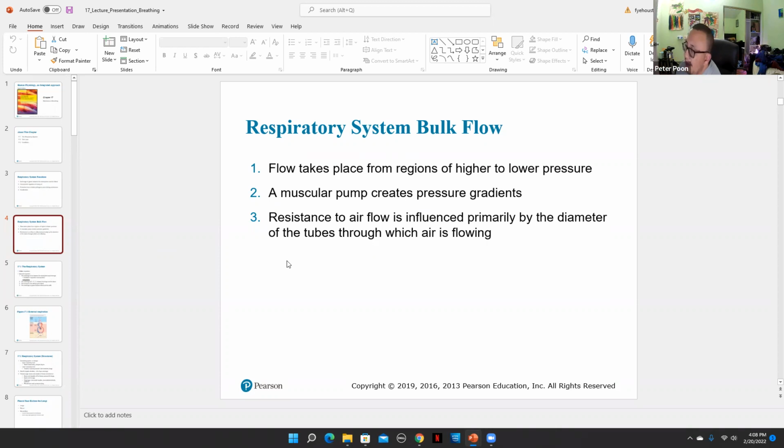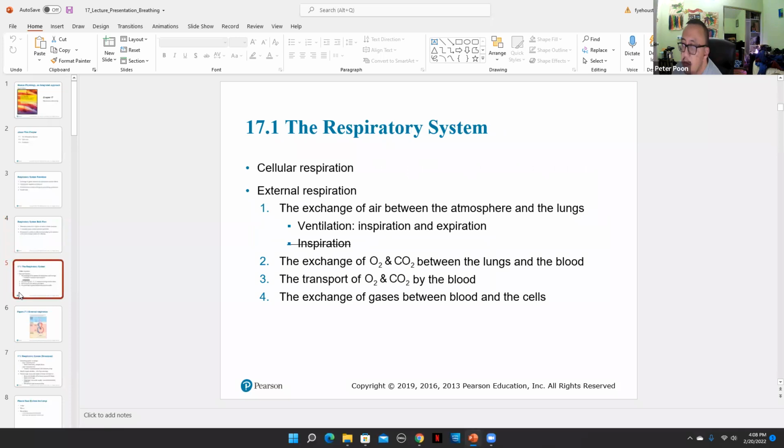And this is what makes diseases like bronchitis, emphysema, cystic fibrosis and all these other lung diseases so bad. They change the diameter. The disease I'm trying to get out of my head is asthma. We'll discuss asthma, because asthma has to do with the diameter of the tubing more than the others.